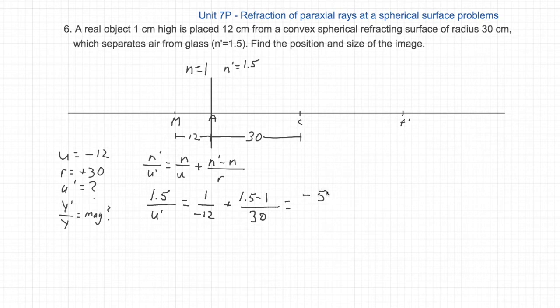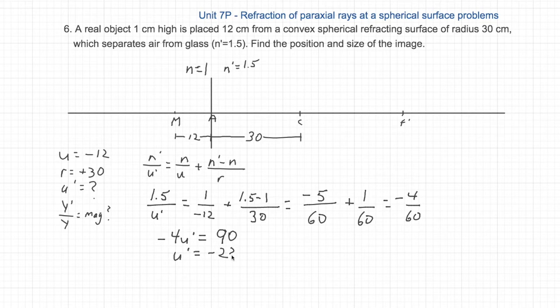Okay, let's make 60 our common denominator. So we have negative 4U prime equals 90, and U prime equals negative 22.5 centimeters. That's the distance from A to M prime, the image position.